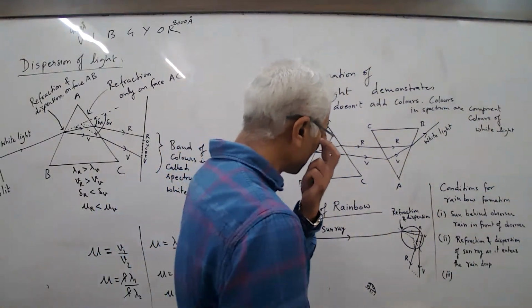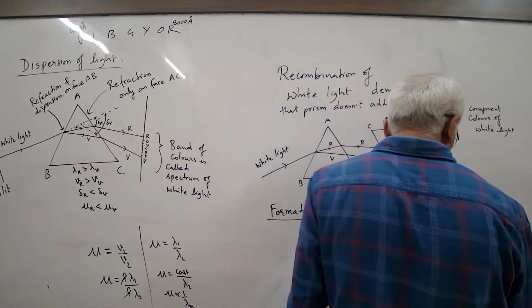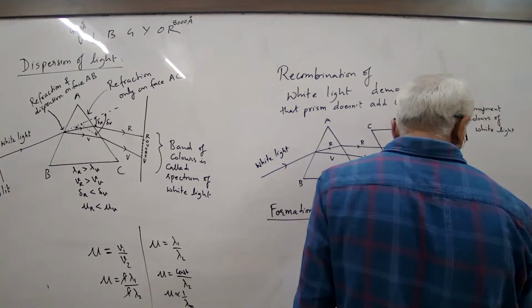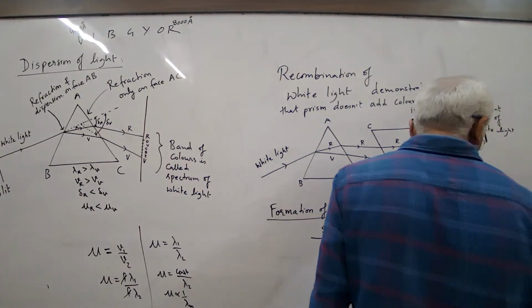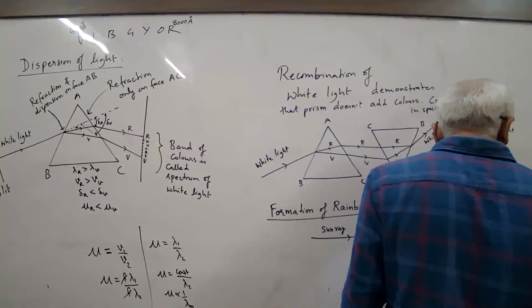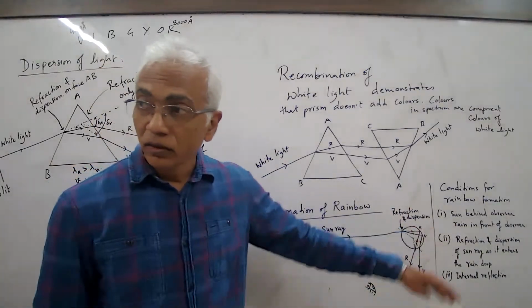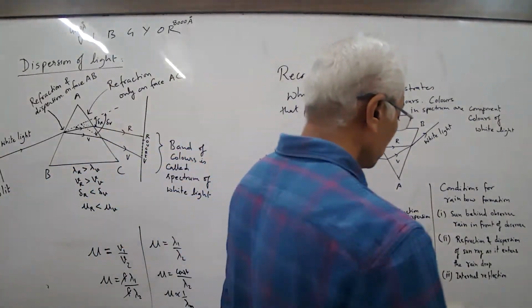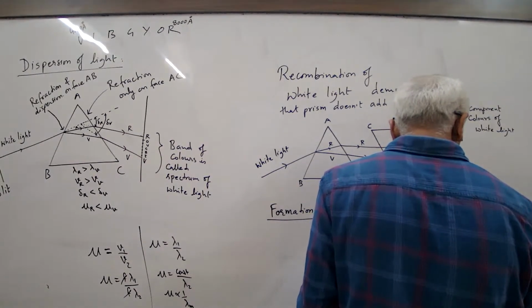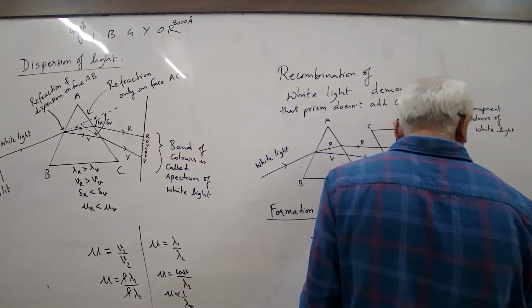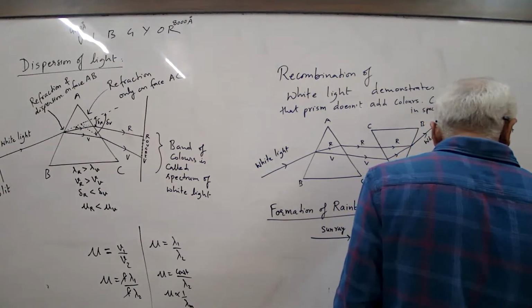Then you have internal reflection from the back surface of the water drop. And third, what happens? Refraction of the dispersed light.